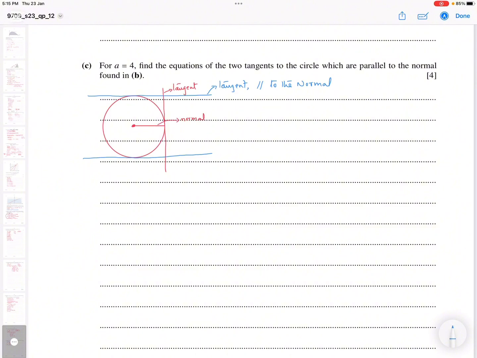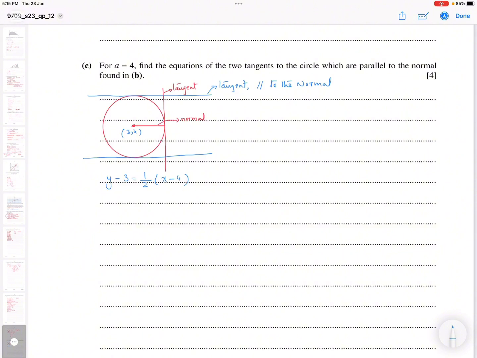So let's do it. y minus 3 equals 1 over 2 (x minus 4). Remember our coordinates 4, 3.